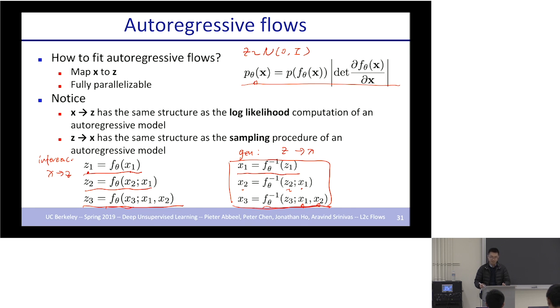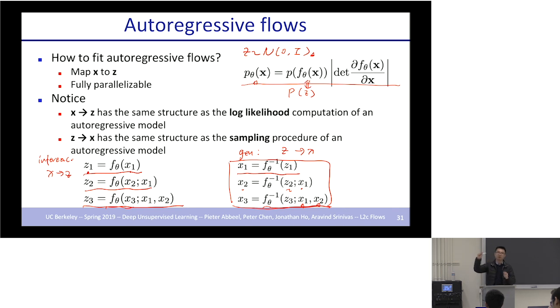So basically, I have a flow that defines an invertible transformation between a known noise space, in this case Gaussian, to some observation space, which we are trying to estimate at this moment. And the way that you do that estimation is by applying the change of variable formula, which means you evaluate P of Z, where Z is obtained from applying the invertible function.